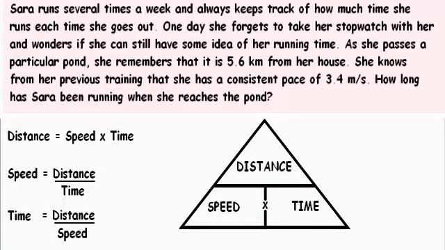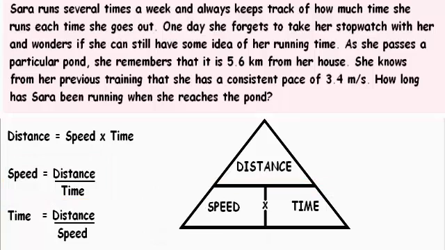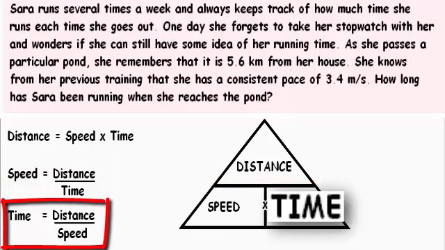Again, if we want to calculate speed, we find that distance is above time, and there is a horizontal line separating distance from time. Therefore, in order to calculate speed, we divide distance by time. The same is true for calculating time. Again, distance is above speed, with a horizontal line dividing the two.